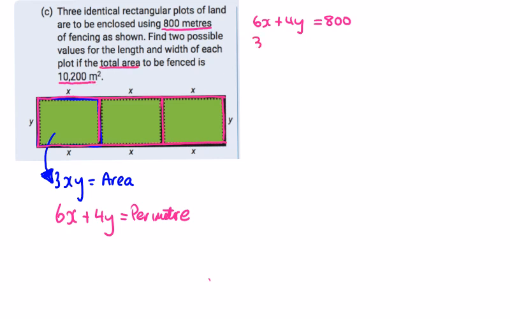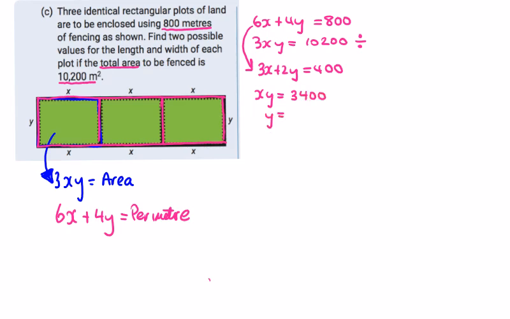We're going to have 3xy is equal to 10,200. So a couple of ways to do it. Let's divide this one by 2 because we can. So we're going to get 3x plus 2y equals 400. Easier to work with smaller numbers. I'm going to divide this one by 3, and I'm going to get xy is equal to 3,400.